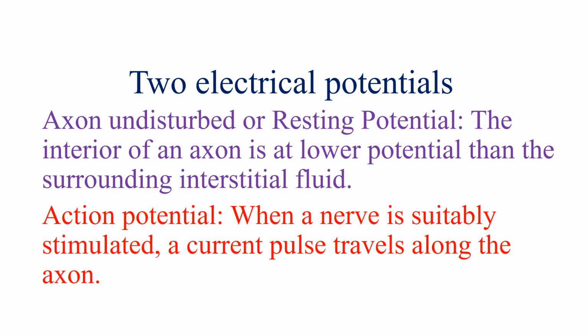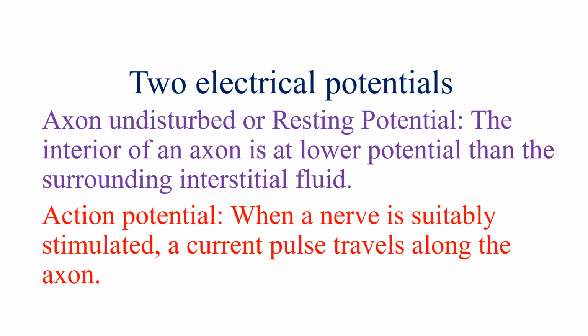So the interior of an axon is at lower potential than the surrounding interstitial fluid. In this case, no nerve impulse is being transmitted.